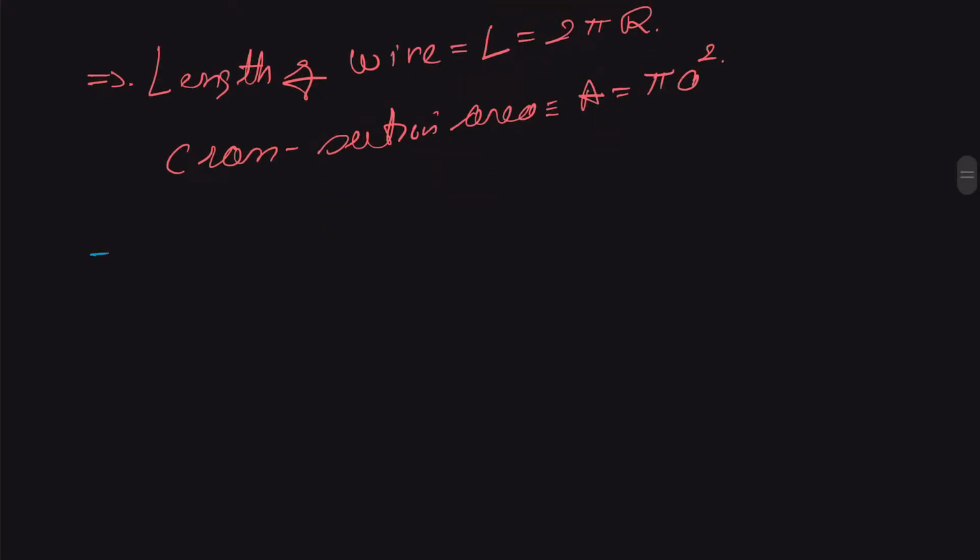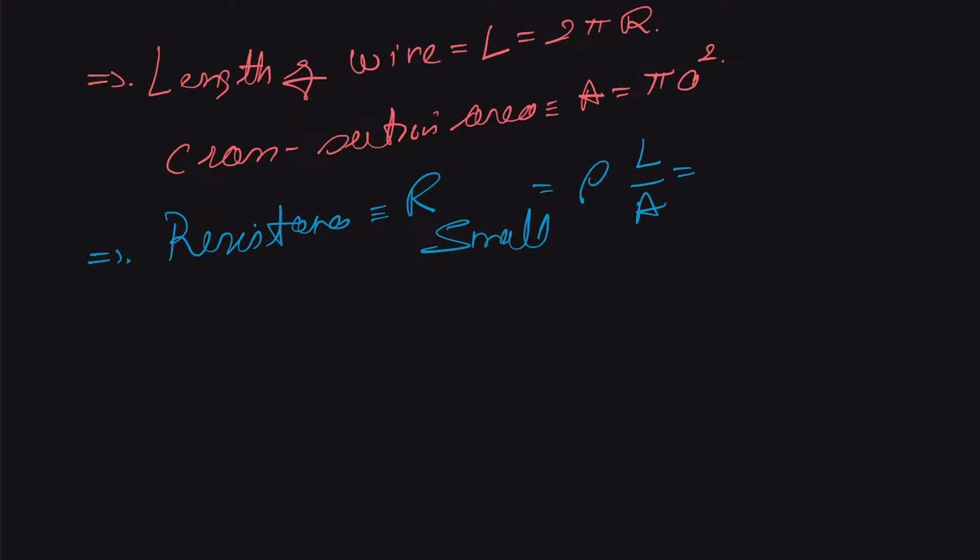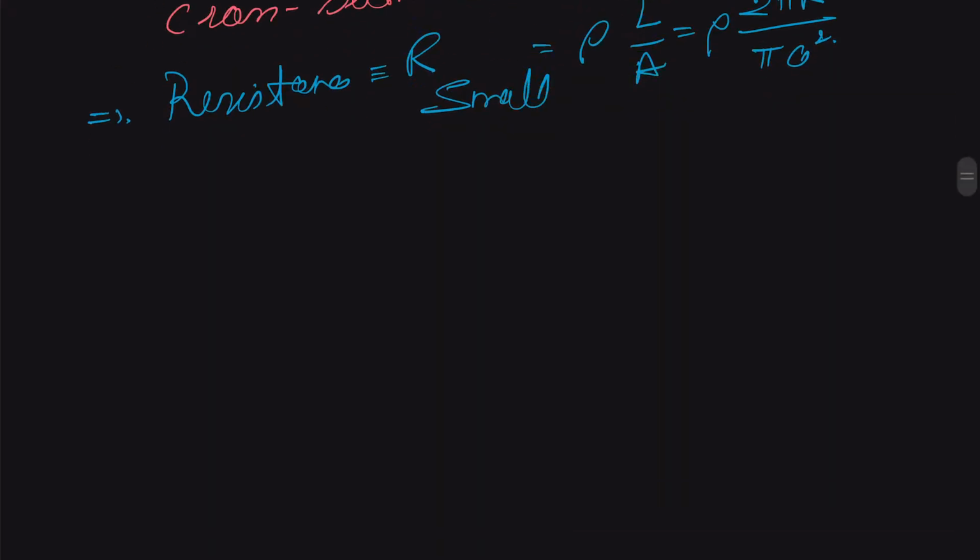Therefore, we can say its resistance, let us suppose this is called R small, will be equal to rho L upon A, and this comes as rho 2 pi r over pi a square.